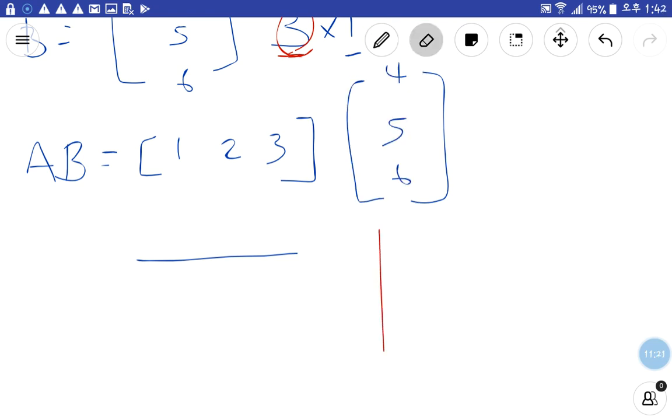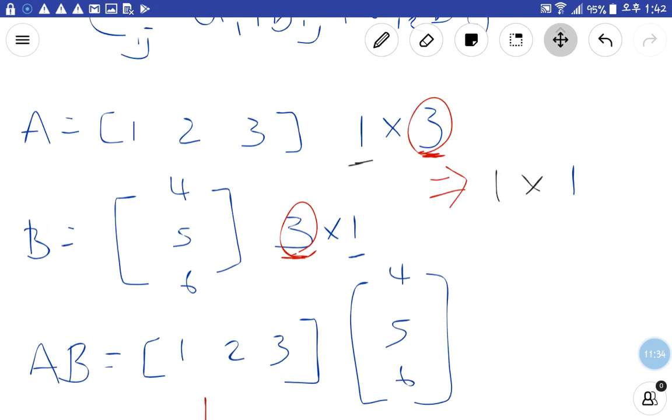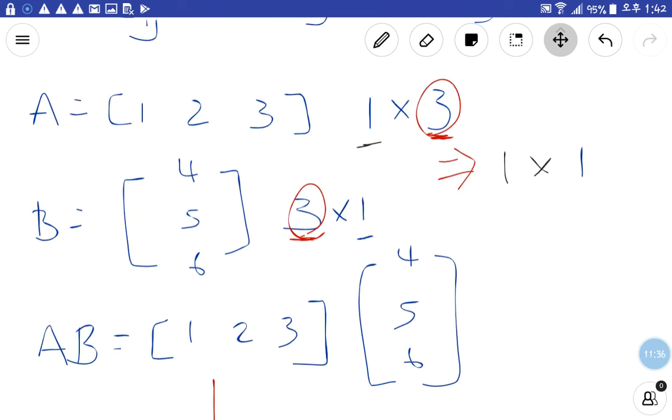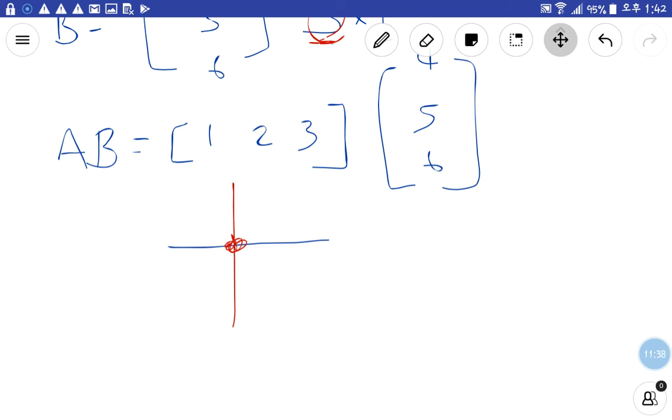If you write down 1 column here, how many intersections do I have? Only 1 intersection. That's why my answer comes out as 1 by 1. Then you may be curious how we get this.